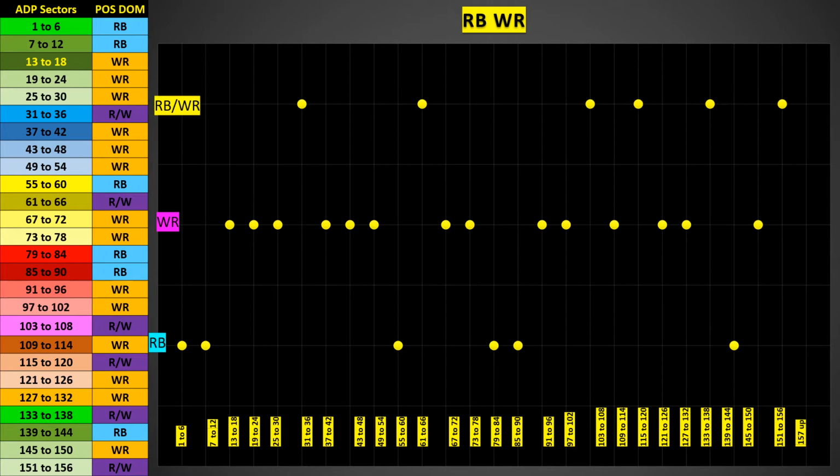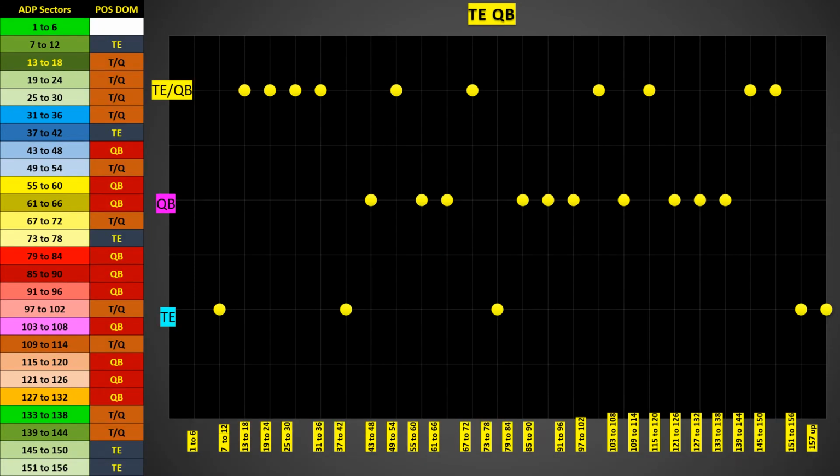Okay, so I then did the same thing with tight ends and quarterbacks. What we see is, if you're going to take an early tight end, it tends to be after the first 6 picks. Some people are starting off with tight ends in their draft, and some people are taking quarterbacks early as well.